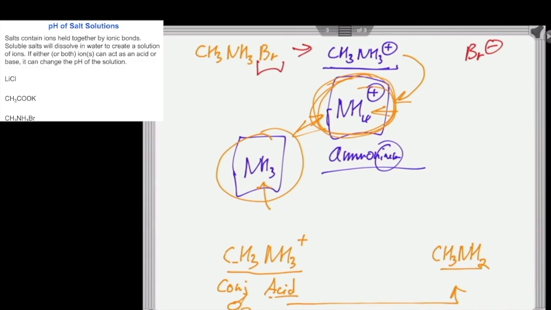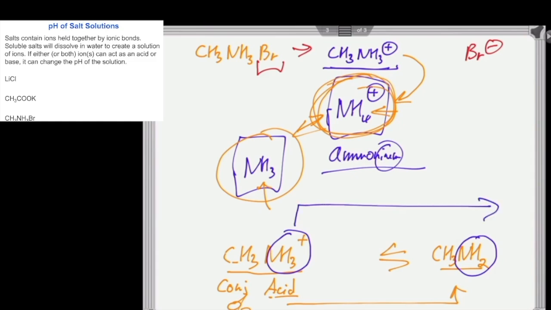Because if we were to set this up as an equilibrium, I have an extra proton, and I'm losing that proton as I go this way in the equilibrium. It is acting like an acid, right? So it is the conjugate acid of this species over here. Now, what did you remember about ammonia, NH3? Was that a weak base or a strong base?